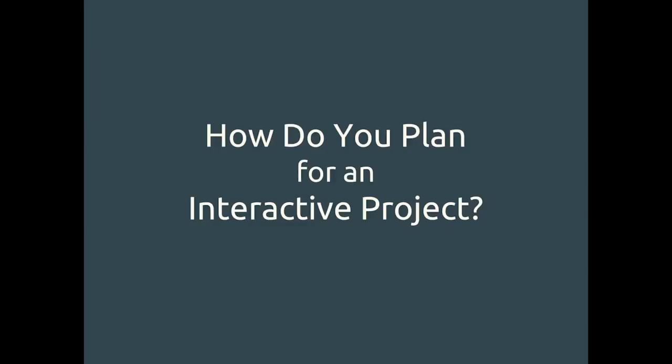But in that question, how do you plan for an interactive project? I actually think plan is a 4-letter word, because I don't really like to plan in the way that we think about planning. I don't like to make giant business plans or giant documents that lay out all the requirements. What I really want people to do when they think about interactive projects is not planning, but envisioning, and we'll get to what that means and how that's different from planning.